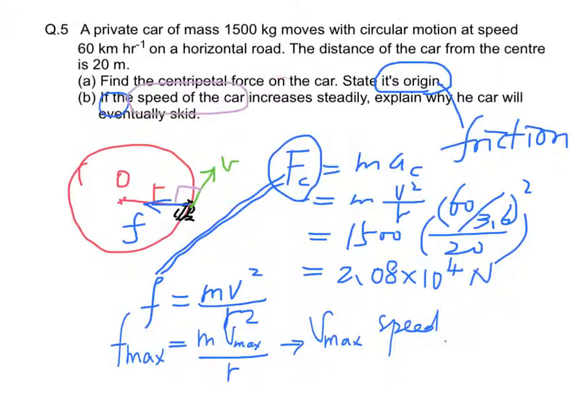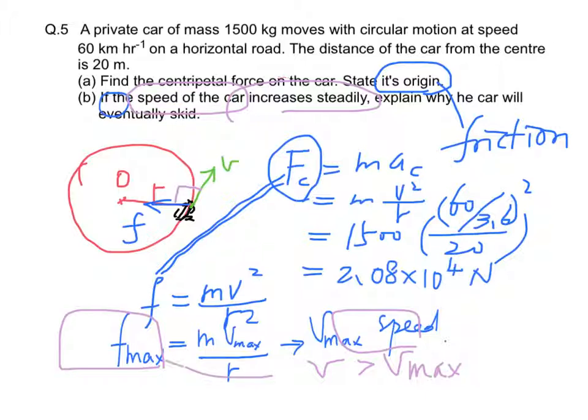If the speed of the car v increases steadily to the point v is larger than the maximum speed found from this equation, then the car will skid because there is insufficient friction to provide such a large acceleration.